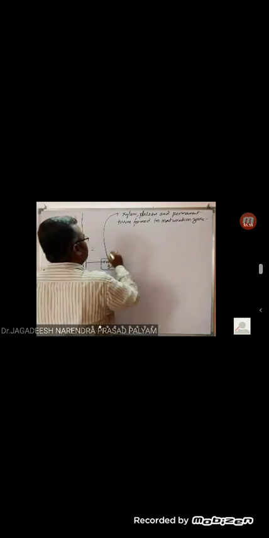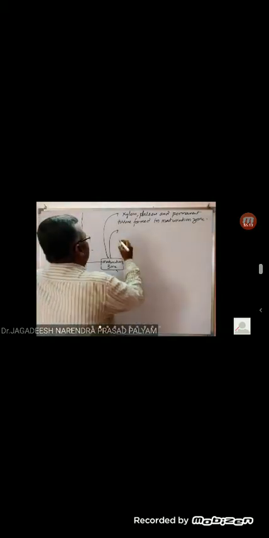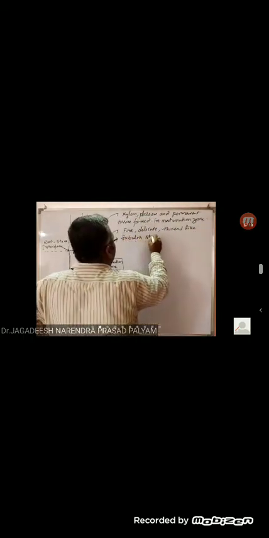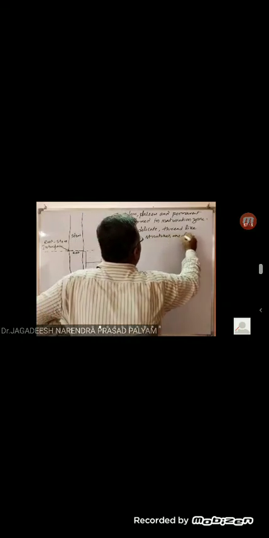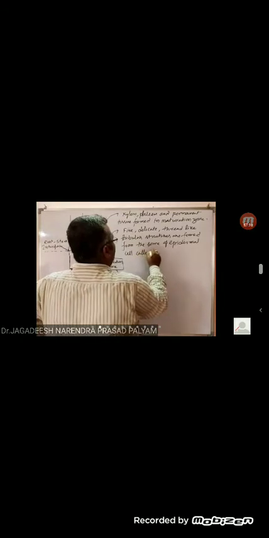And another important thing is, the maturation zone is also concerned with formation of certain very fine, delicate, thread-like tubular structures formed from some of the epidermal cells, called root hairs.